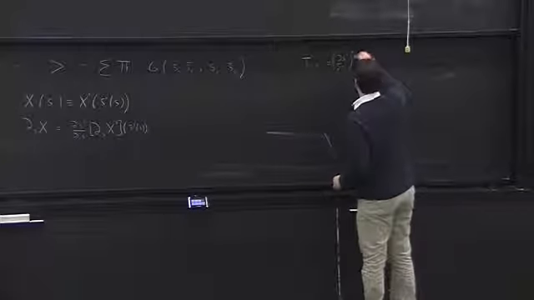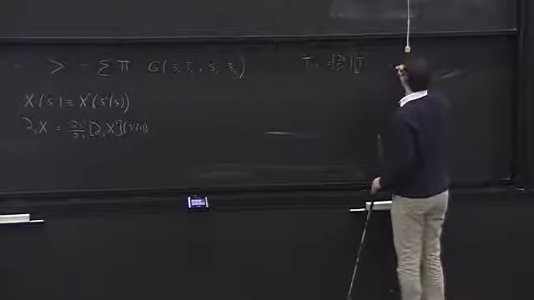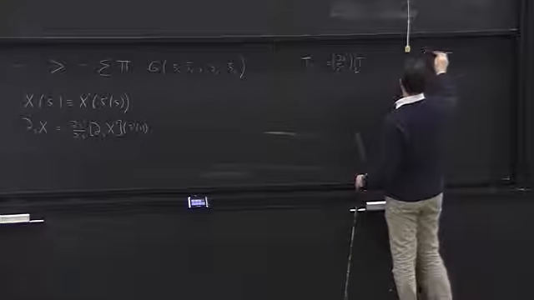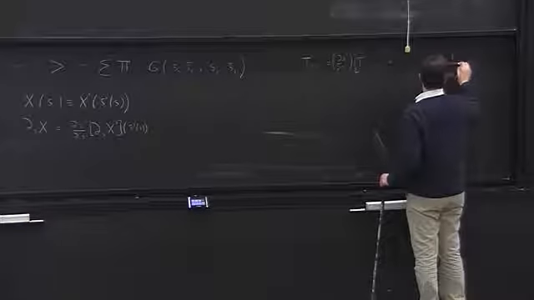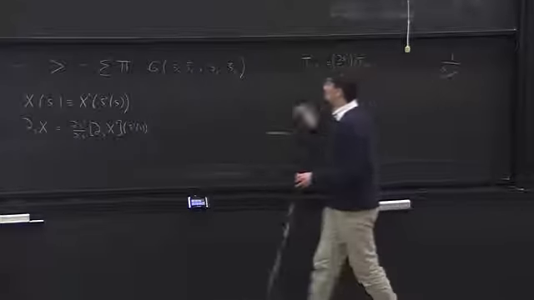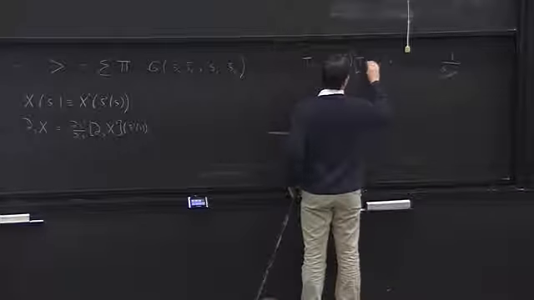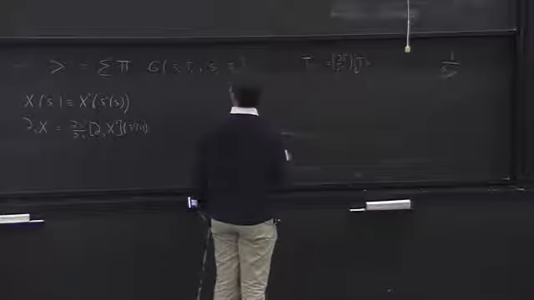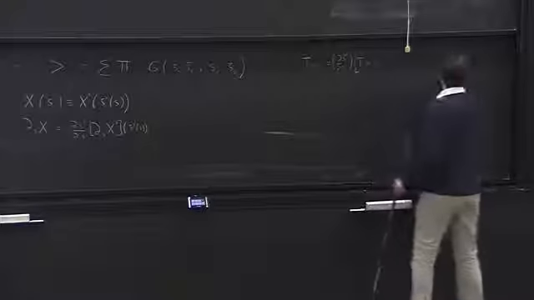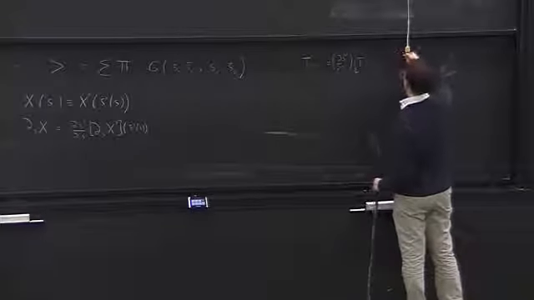In a sense, you get something like this. I'm sorry, too many primes. Let me call this new coordinate tilde. And I'm sure I get the algebra a little bit wrong, but bear with me.